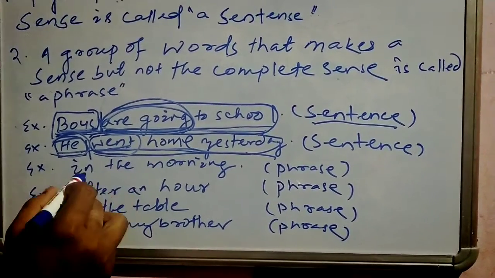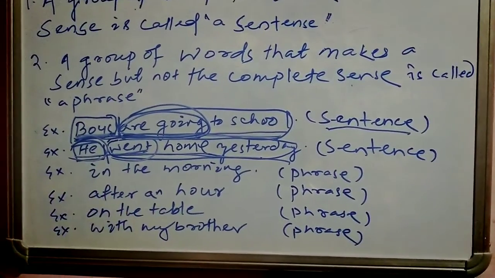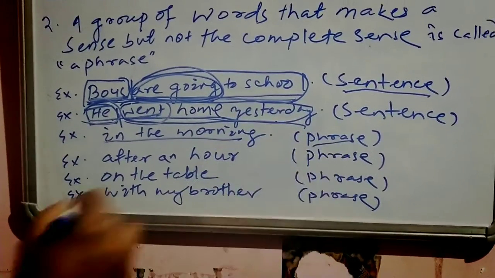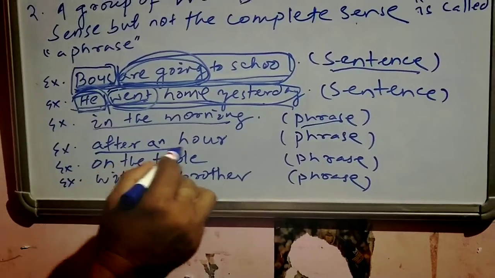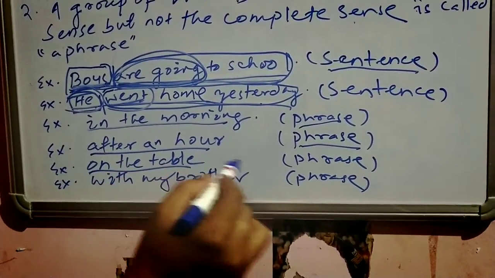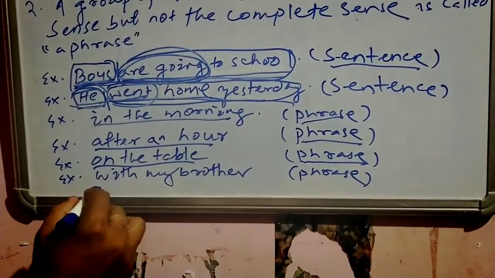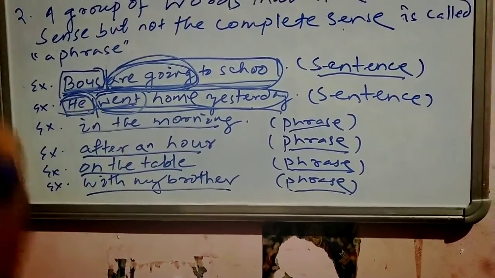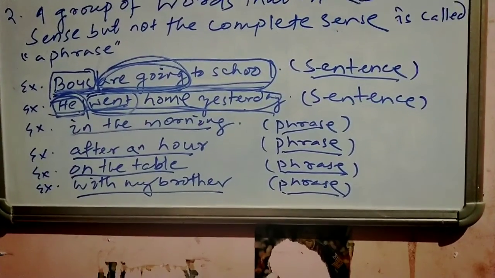You see, I have given you some examples here. "In the morning" is a phrase, and "after an hour" is a phrase, "on the table" is a phrase, and "with my brother" is also a phrase. Then how are they all phrases?